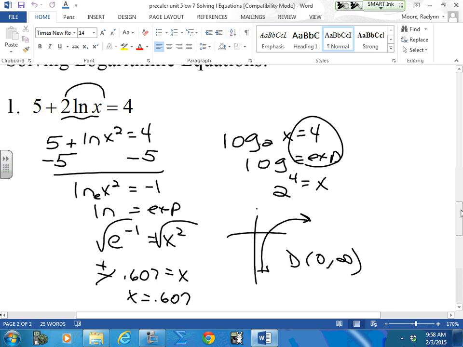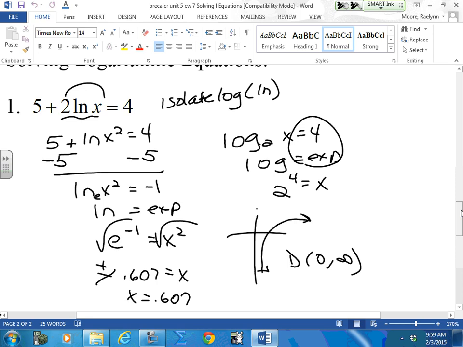Your goal is to isolate the log. In this case, isolate ln. We can't take it away because it's not on both sides. We can't add it to the other side because we have to do it to both sides.